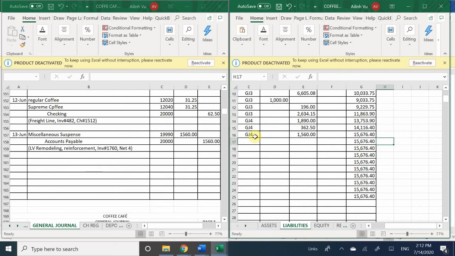Okay, so here because we're increasing our bill, the amount that we owe, once we indicate that in there, our account should have increased by up to $15,676.40. Yes, we're owing too much and so much money.